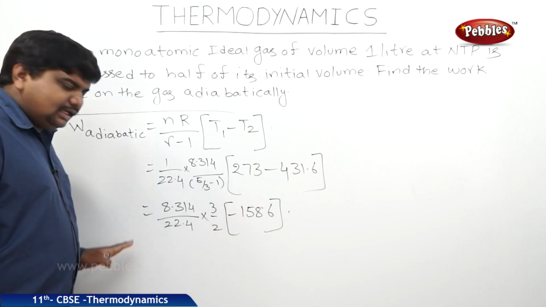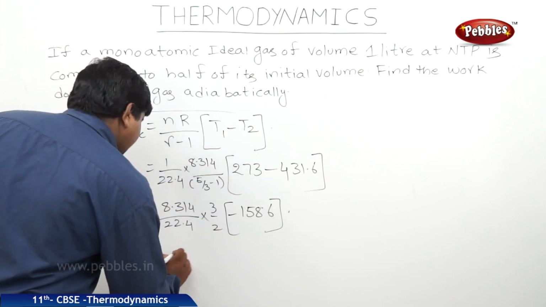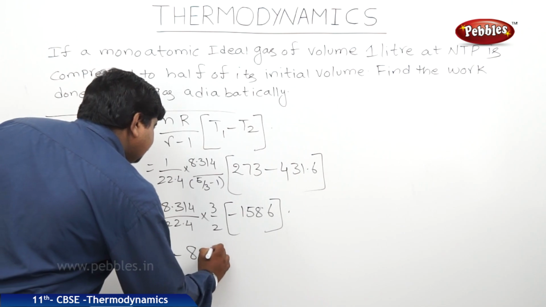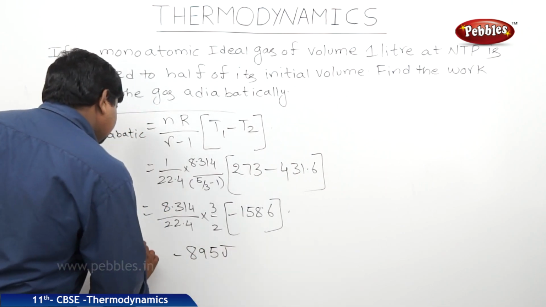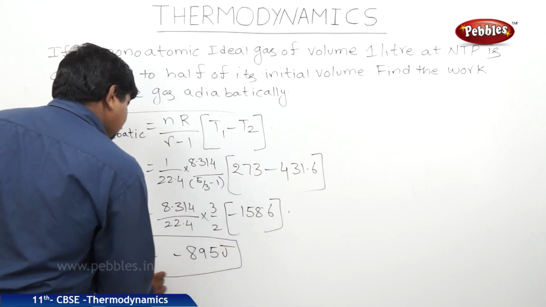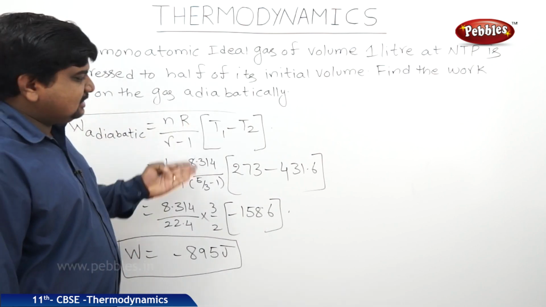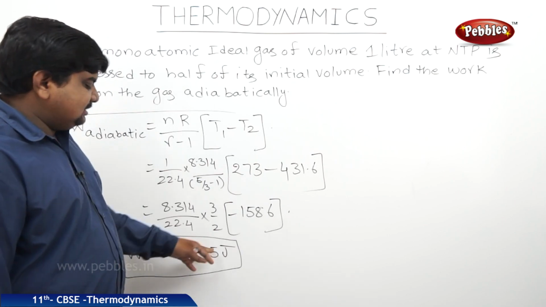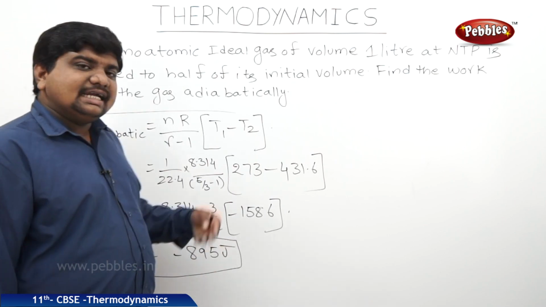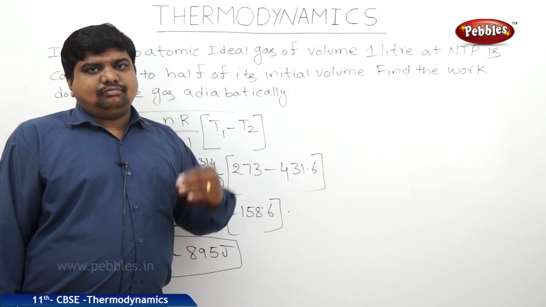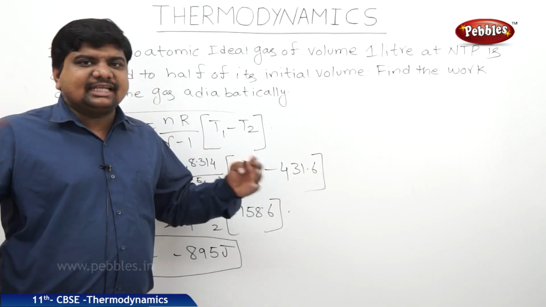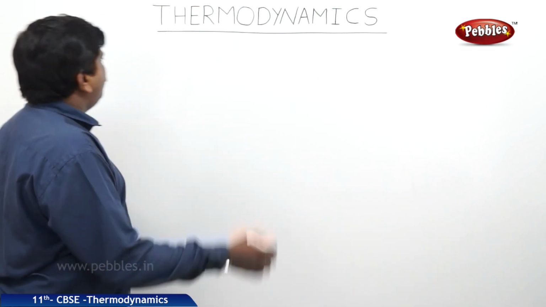If you do all the calculations and simplify, we will get minus 895 joules. Work done in this process adiabatically is minus 895 joules, where minus indicates work done on the gas due to adiabatic expansion. The next thermodynamic process to be discussed is isochoric process.